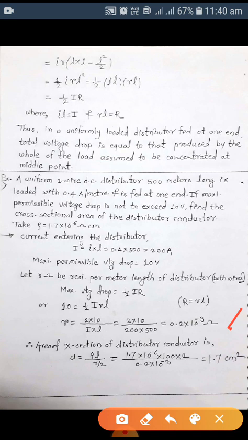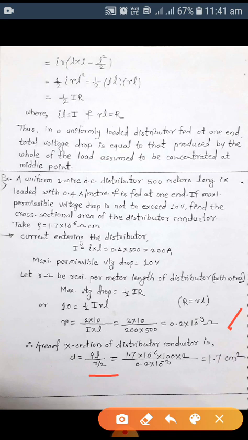Now to find the area of the distributor conductor, we have the equation cross sectional area a equal to rho L divided by r by 2. That r by 2 is because our assumption is r is the resistance per meter length of distributor. It consists of 2 wires, but in order to find the cross section area of one conductor, we have to take the resistance of one conductor, therefore r by 2.